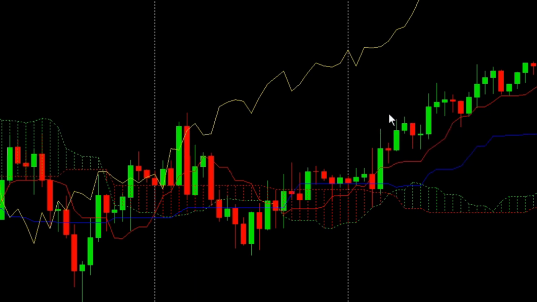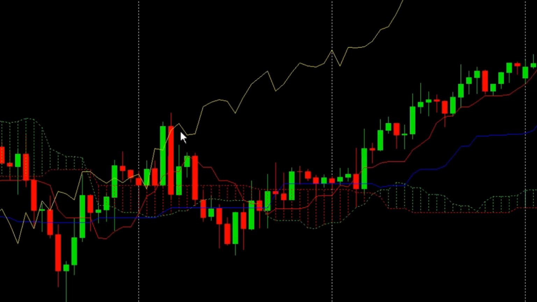So depending on how we develop our rules, if we're happy to wait for all of those conditions to be valid, then we could enter on this bar here, because we've seen now a clear breakout from the cloud. The Senkou Span is now above the price and above the cloud, and so all the conditions become valid at this point here.